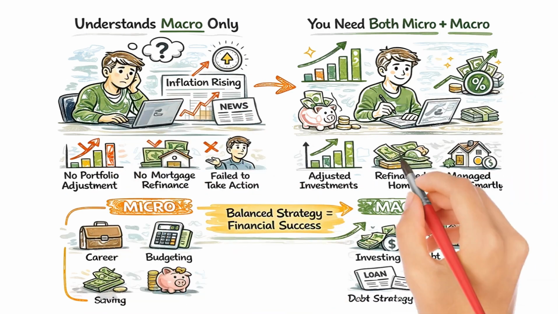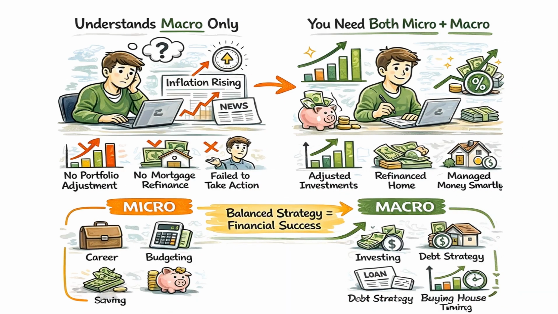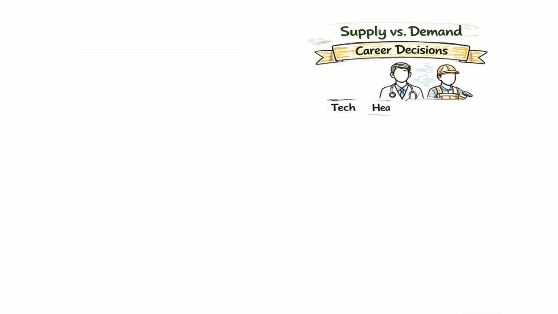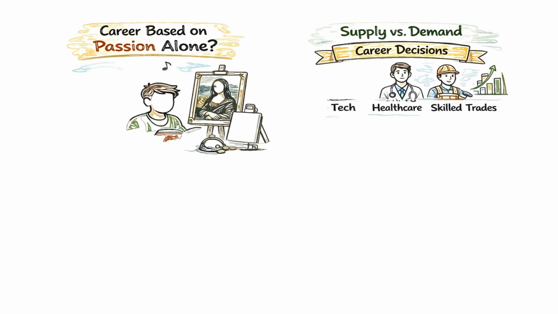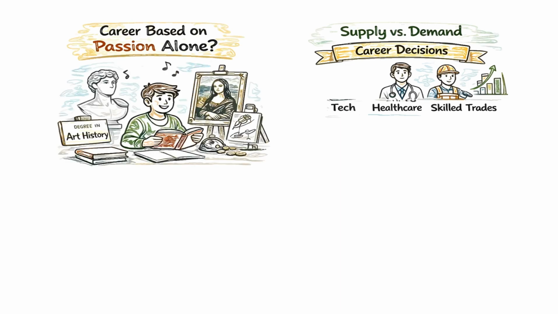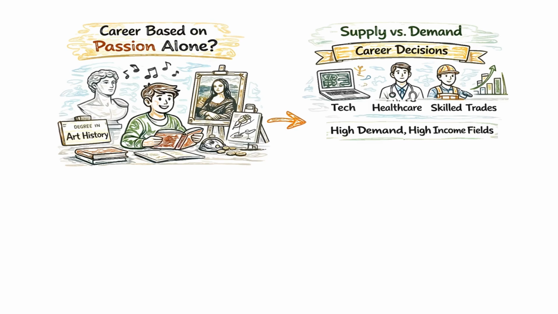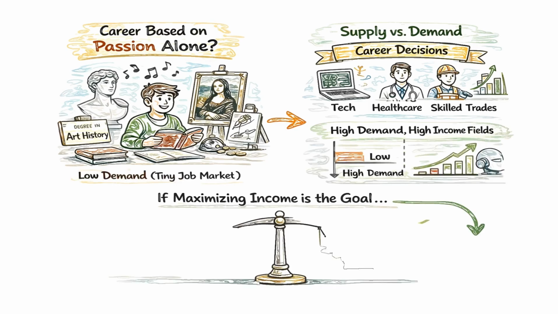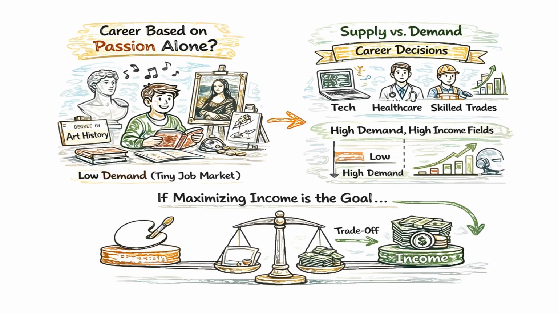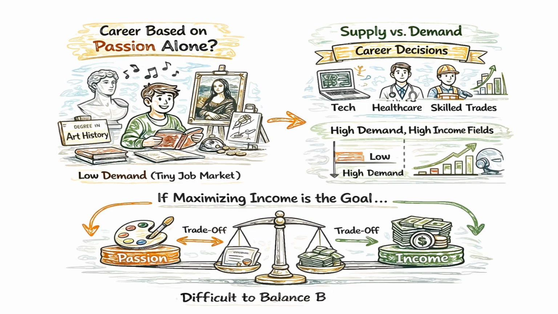Mistake 1, choosing a career based on passion alone without considering supply and demand. You love art history. Fantastic. But the job market for art historians is tiny, and the pay is low because supply of graduates far exceeds demand. That's not a moral judgment. It's just economics. If you want to maximize income, look at where demand is high and supply is low.